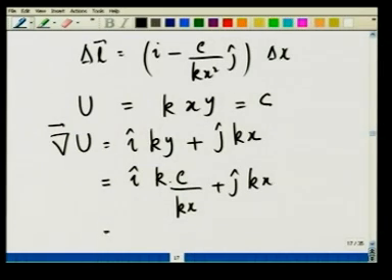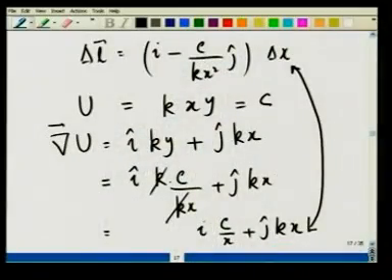So at a given point on that curve or the contour, gradient of U is going to be i c over x plus j kx. And you can see if I take the dot product of delta L and gradient of U, it is going to be 0. I get c over x minus c over x, which is 0 at all the points, and that shows you that gradient of U is perpendicular to delta L.